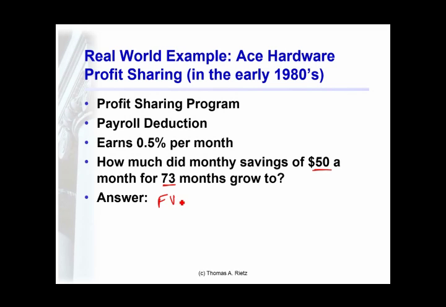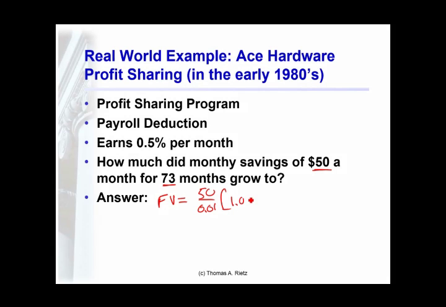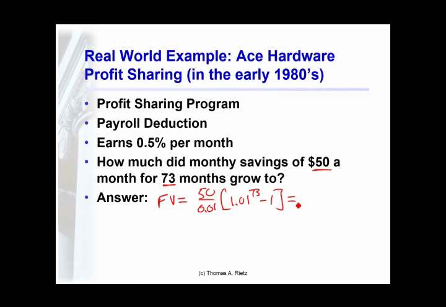Well, the future value is the payment divided by interest carried forward 73 times. Now, you ask why that's not 72. It's because I made a payment at date 0. And for each of the next 72 months, 73 payments total.